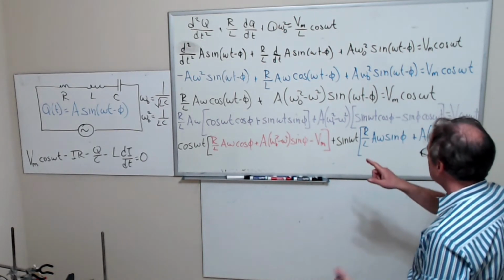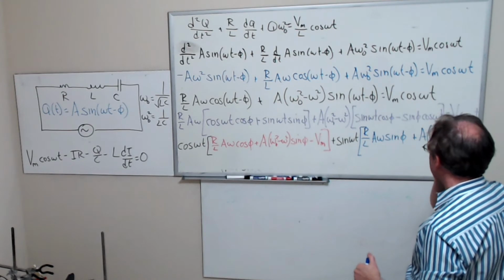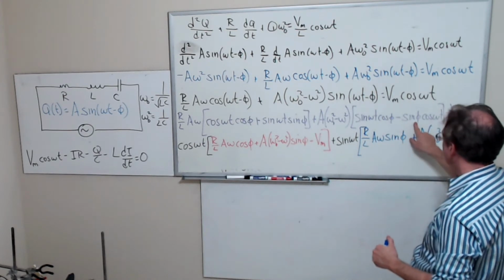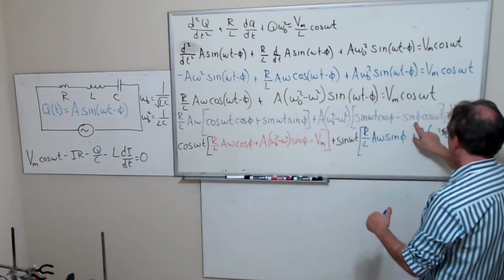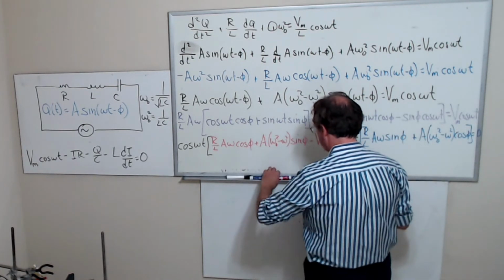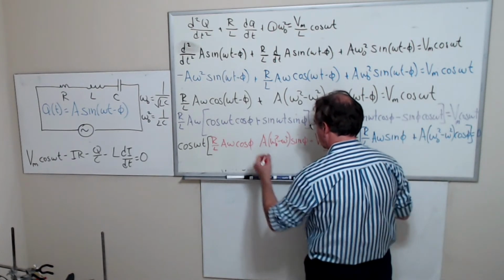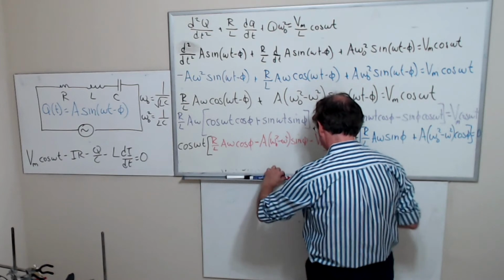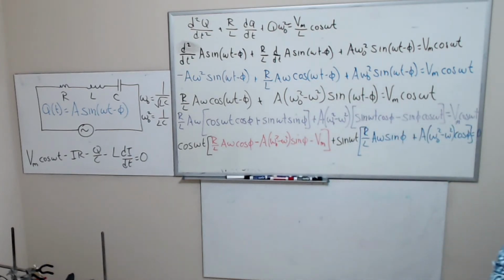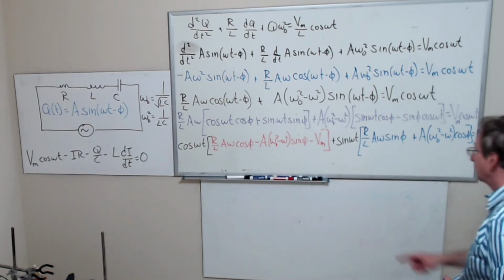I'm worried that I made a math error somewhere because this term is negative and I put a positive there. And I have my notes here that I can double check, so yes, that's fine.